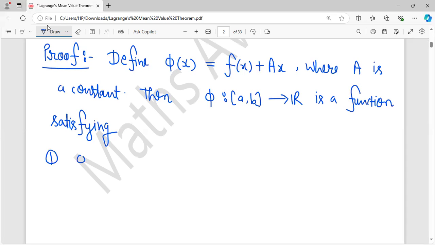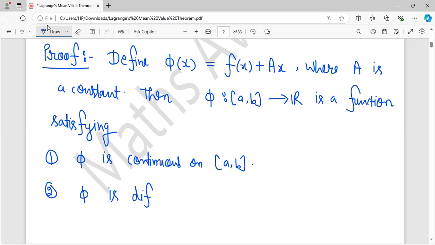number one, phi is continuous on closed interval [a, b]. Second one, phi is differentiable on open interval (a, b).